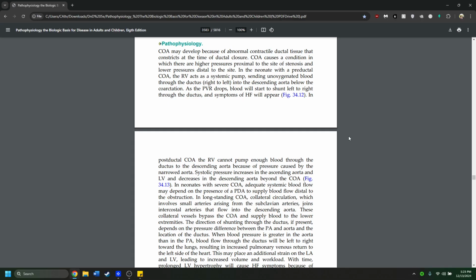In the neonate with a preductal COA, the right ventricle acts as a systemic pump, sending unoxygenated blood through the ductus, right to left, into the descending aorta below the coarctation. As the PVR drops, blood will start to shunt from left to right through the ductus, and symptoms of heart failure follow.